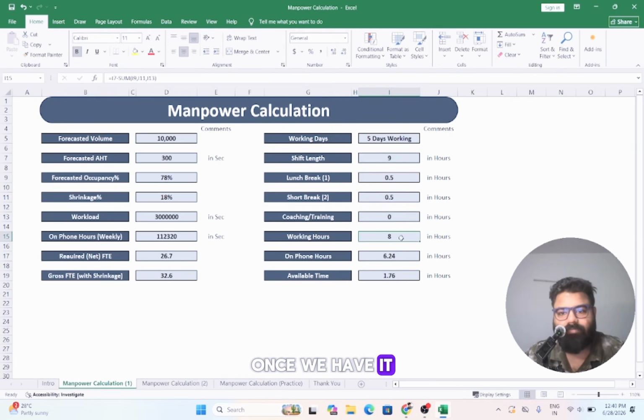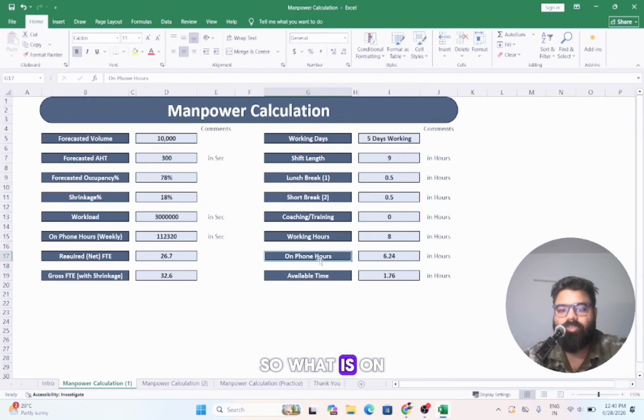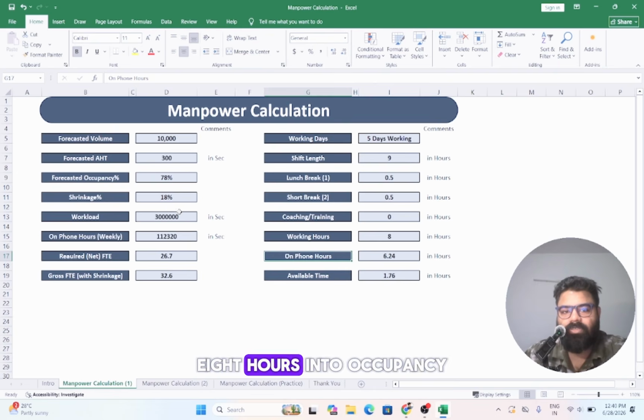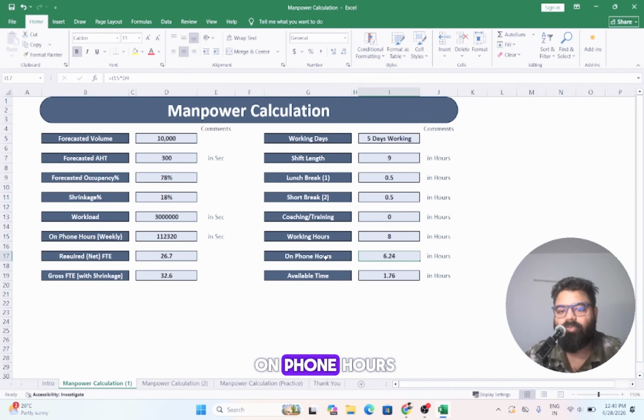Once we have it, we will generate on phone hours. What are on phone hours? On phone hours is the amount of time an agent would be ready to work. How will we calculate it? 8 hours into occupancy. Our occupancy is 78%. So 8 hours into 78% will give us on phone hours.